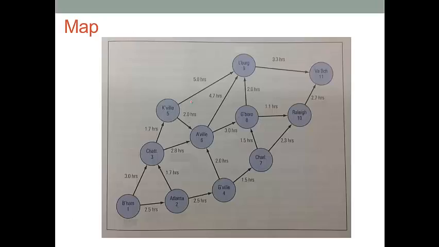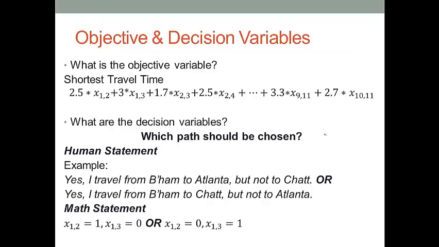We need to use the time on each path to multiply the variable for each path. We need to do this for every path in this map, and then add them together. That will be the objective function we are interested in. Our goal is to minimize the value for this equation. That will be the shortest travel time.